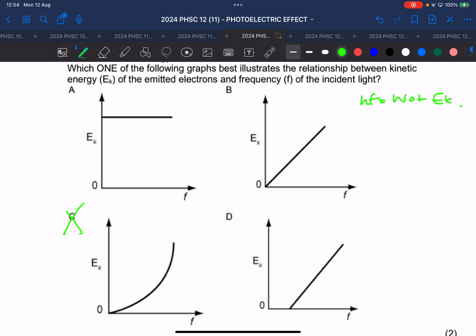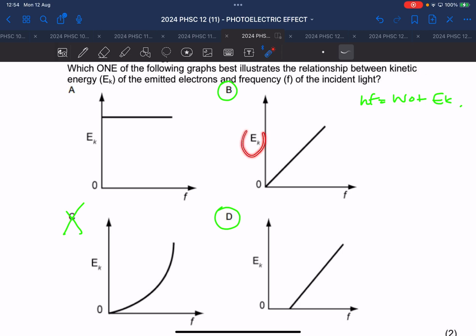B or D. Okay, so B and D, I agree with you. If you look here, when the kinetic energy is 0, is the frequency also 0? No. Then frequency is still equal to something, the threshold frequency. This is the work function that is equal to the threshold frequency.